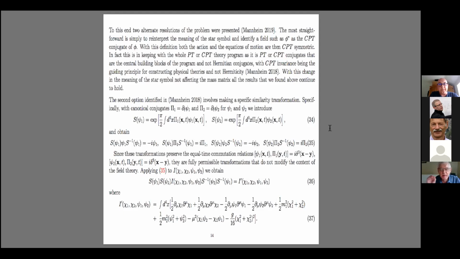Yes, and the statement that you're making, I'm glad you've looked at this. I looked at it myself. An operator S is not necessarily PT symmetric. I mean, you have to. Yes. You see, if under this transformation the Hamiltonian remains PT invariant, but it's under the similarity transform PT operator.